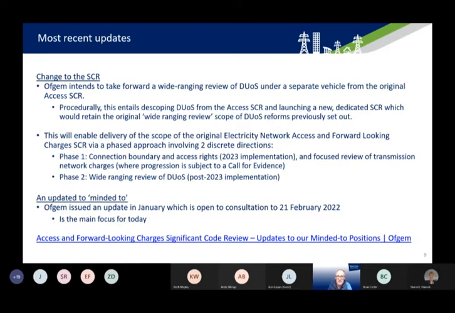It runs to 21st of February, so it's got a few weeks left. There's a link on there. So if any of the stuff I'm talking about today is of interest, then please go and have a look at the full document. Today is just to really whet your appetite and give you a bit of an executive summary of what's in there. If some of those things are relevant for you and your business, then take the opportunity to read the full document and respond to Ofgem.